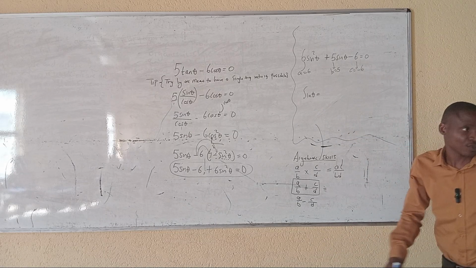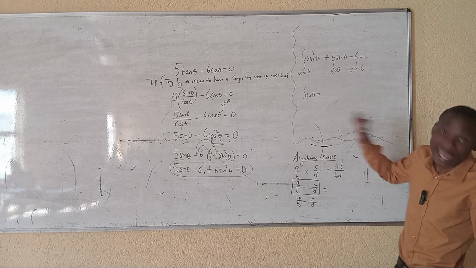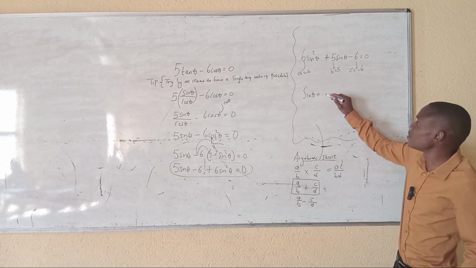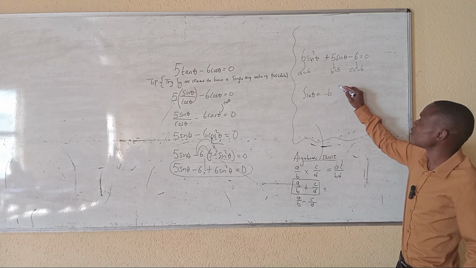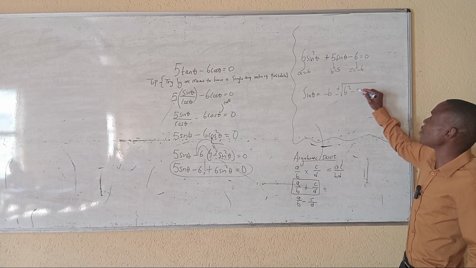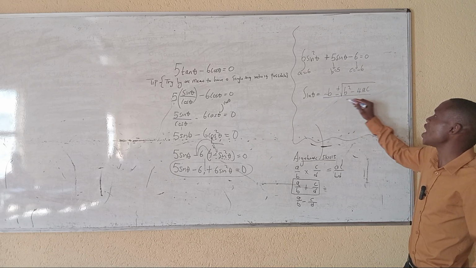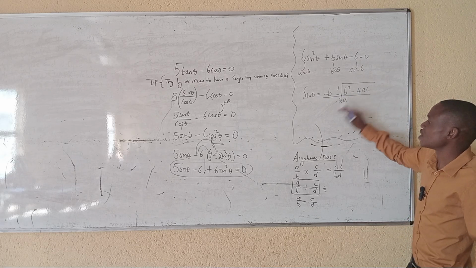You use the quadratic formula the same way, but you don't say x equals. So you say minus b plus or minus the square root of b squared minus 4ac, all over 2a.